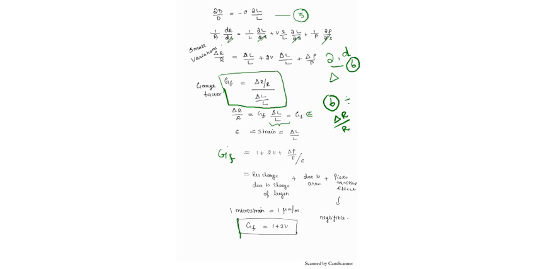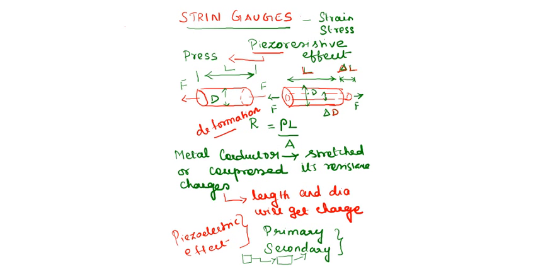This is my final expression, gauge factor equal to 1 plus 2v, because the piezo-resistive effect is very, very negligible. So this is how, using the basic expression R equal to rho L by A, I am getting the gauge factor expression 1 plus 2v.